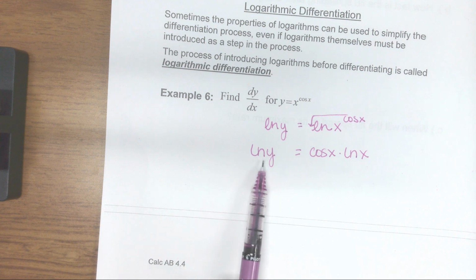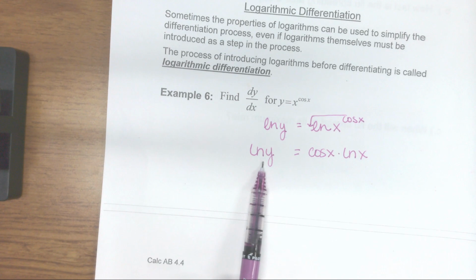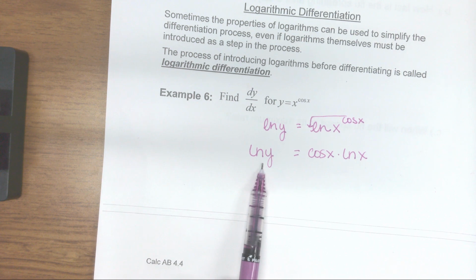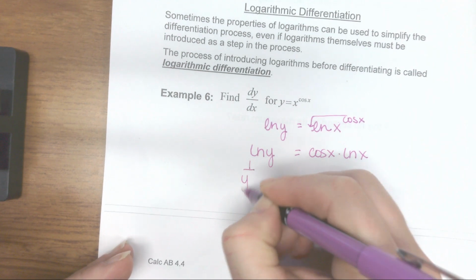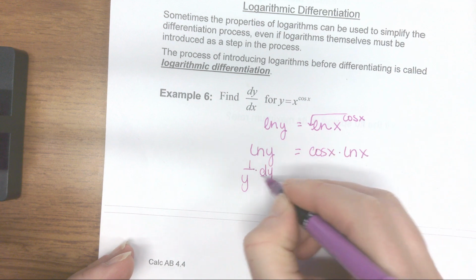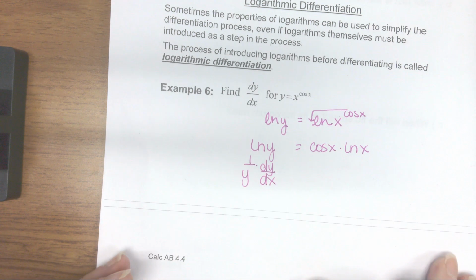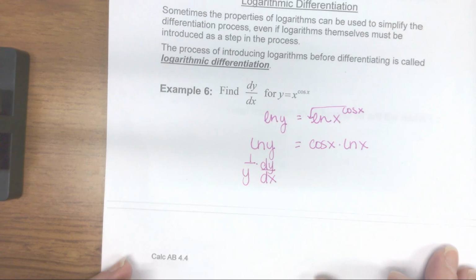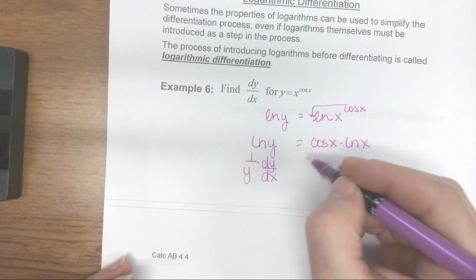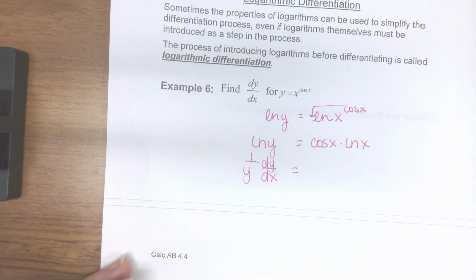So, I'm going to ask this question again. What's the derivative of natural log of y? 1 over y dy dx. That's what this side's going to be. On this side, we are going to do product rule.